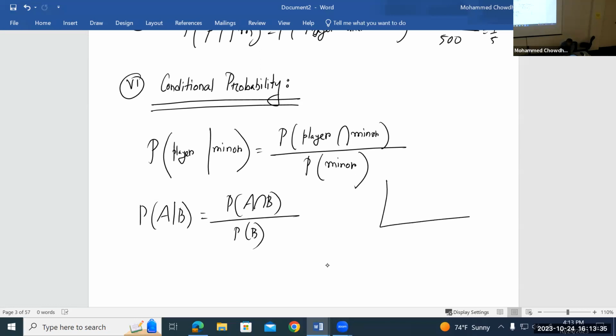If you want me to draw a picture for this one, I can write here. This is my A. I want to give the B. This whole thing is B. So this is A, this is C, this is D, this is E. Okay? And B is what? B is this entire thing.